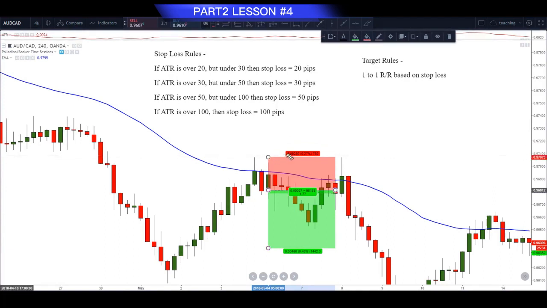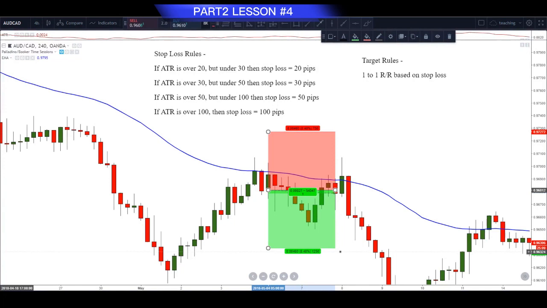You can see that right here. We have 26 pips up to the swing high. All we do now is add 20 pips to that, which would make our stop loss 46 pips. And considering our target is just based on a 1-to-1 risk reward that is based on our stop loss, we know that if we have a 46 pip stop loss, we're also going to need 46 pips for our target.